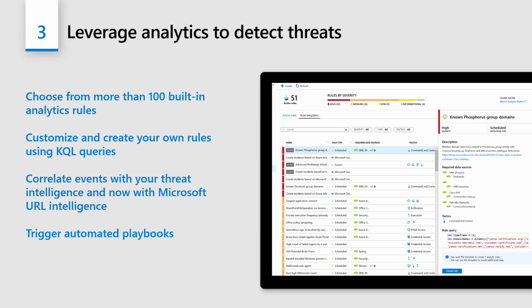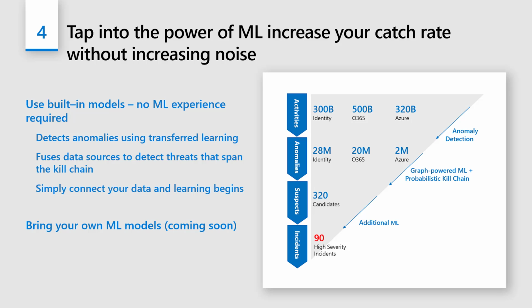From any of these rules that generate alerts, you can then trigger your automated playbooks or logic apps to carry out remediation actions. All of this uses Microsoft's machine learning to help you catch more and more relevant threats.